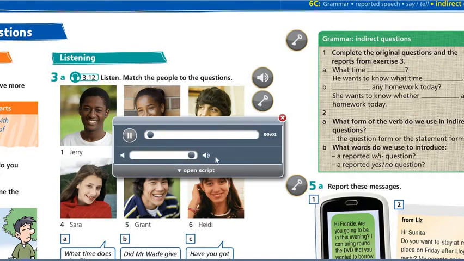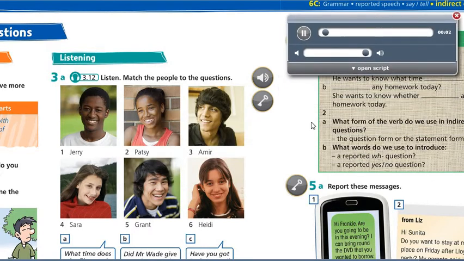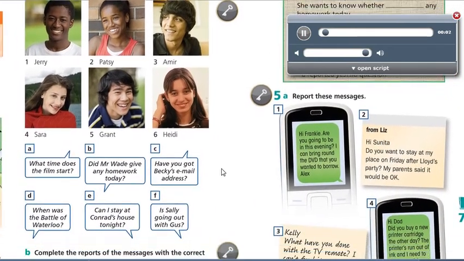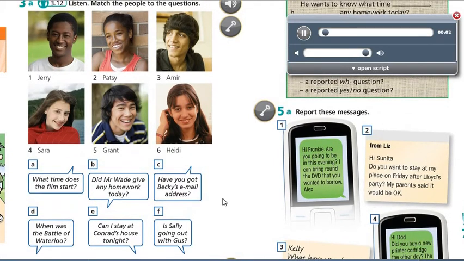Page 72, Exercise 3A. 1. Hi, Kem. Hi. How? Oh, just a minute. I've got a text. It's from Jerry. What does he say? He wants to know if I've got Becky's email address. He wants to send her some information about his party. Why doesn't he phone Becky? He says she isn't answering her mobile. Oh, right. 2. I've just had a text from Patsy.